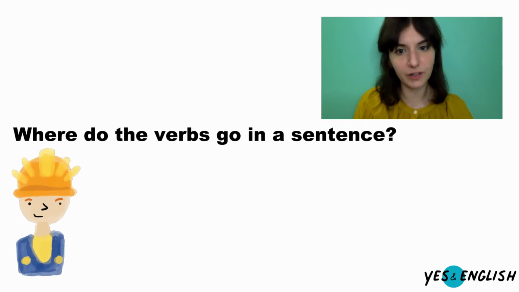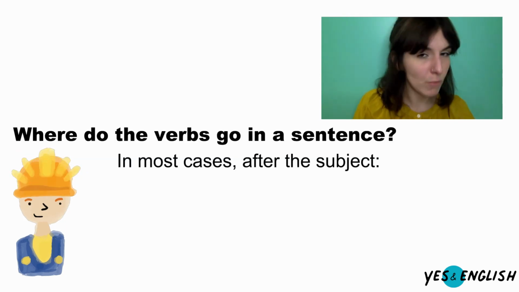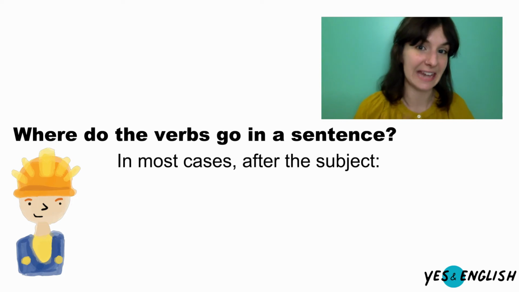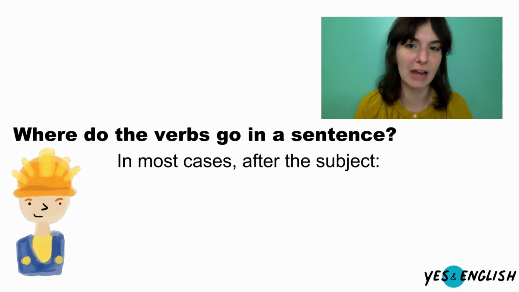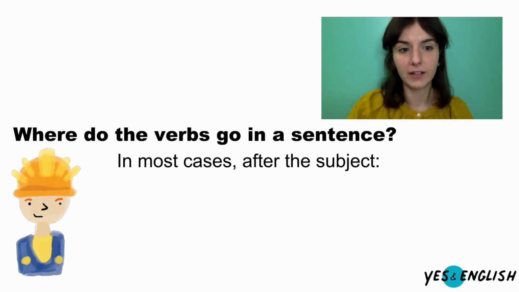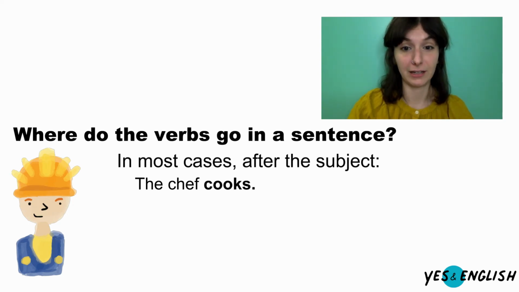So where do verbs go in a sentence? In most cases, verbs go right after the subject that is doing the action or being described or having the feeling. So, for example, the chef cooks. Cooks comes right after the thing that is doing the cooking.